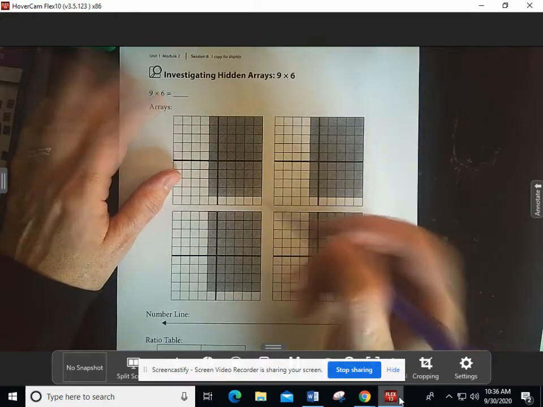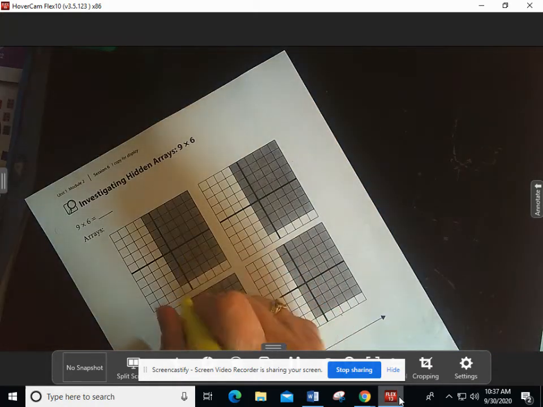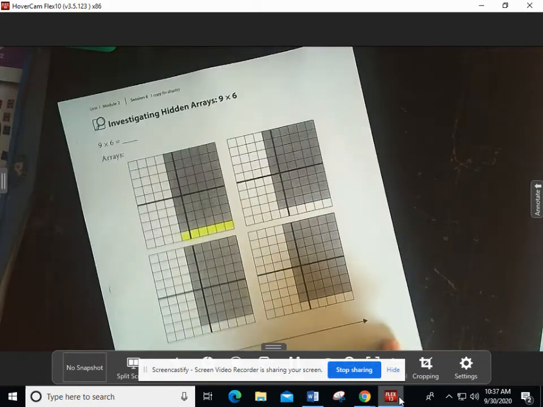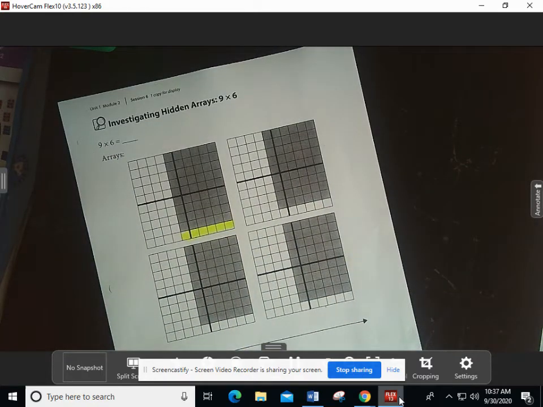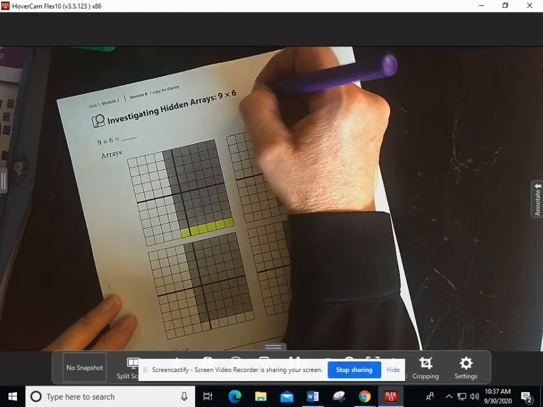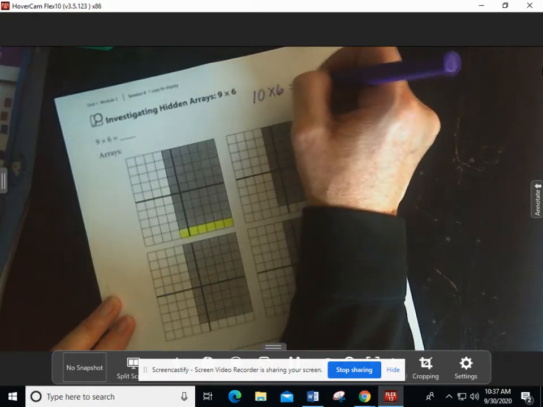I'm going to take a highlighter so it's lighter. What would 10 times 6 equal? Oh, hands went up a lot faster. 10 times 6 is what, everybody? 60.